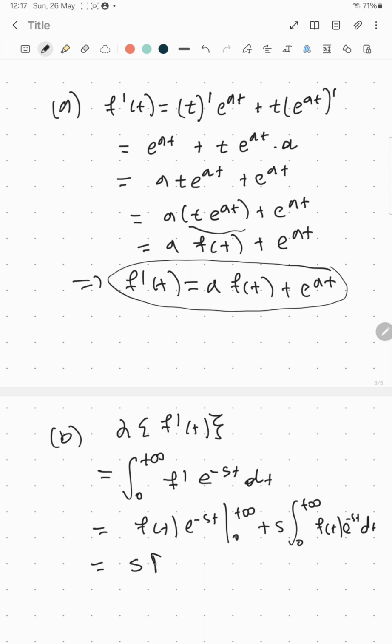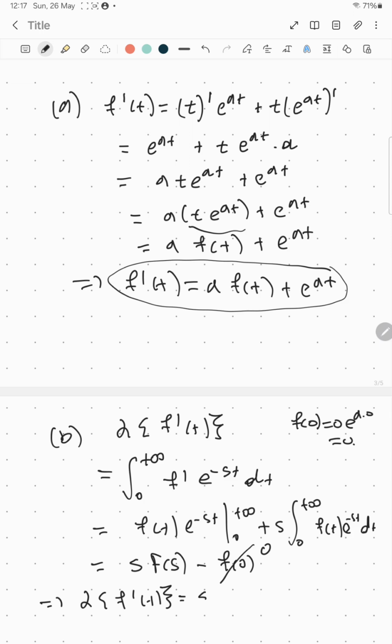This is F of s minus f of 0, but f of 0 is 0 e to the power of a times 0 is 0. So this term vanishes, and I have that the Laplace transform of the derivative of the function f is s times the Laplace transform of f of t.